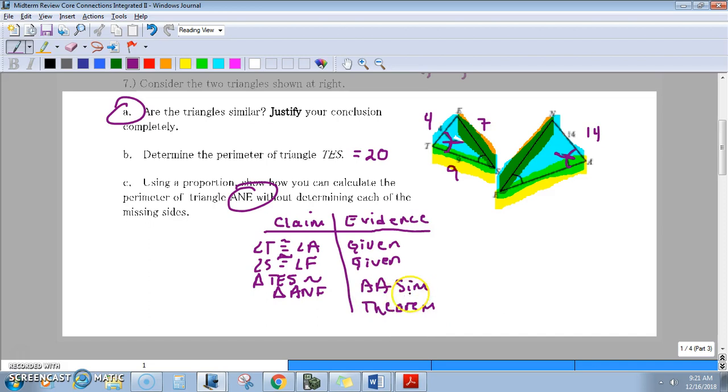Remember, if two angles are the same in a triangle, then all three are, and the triangles must be similar. So that's the justification piece. The perimeter of TES is 20.